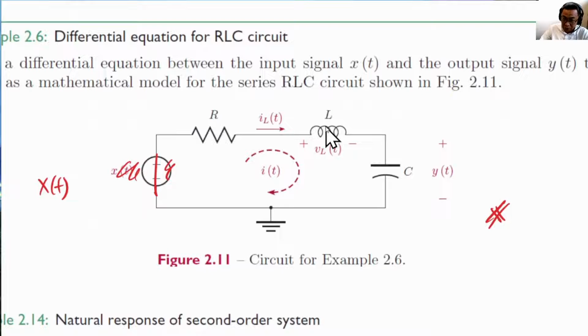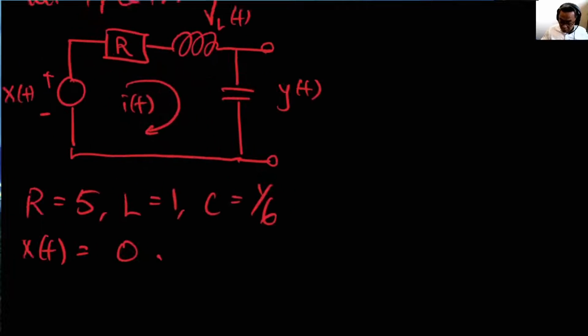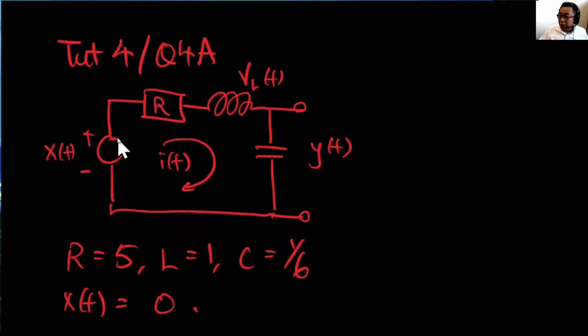the differential equation. I now redraw the circuit, and we have the source, the resistor, the inductor, the capacitor, and the current running across, with resistor 5 ohms, inductor 1 Henry, capacitor 1/6 farad.